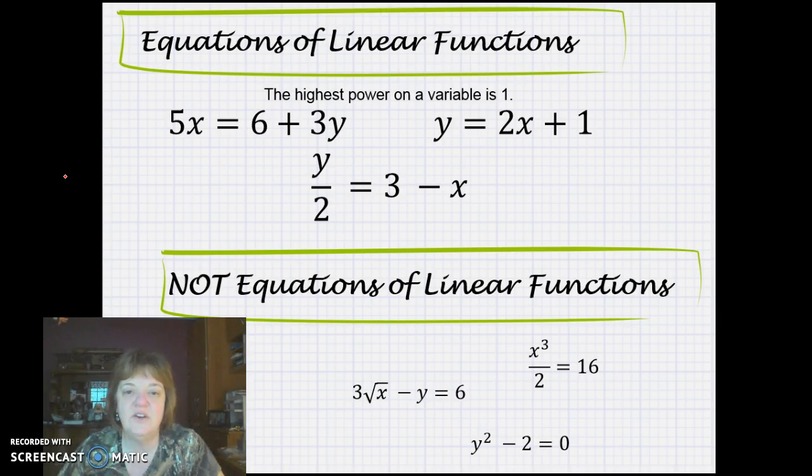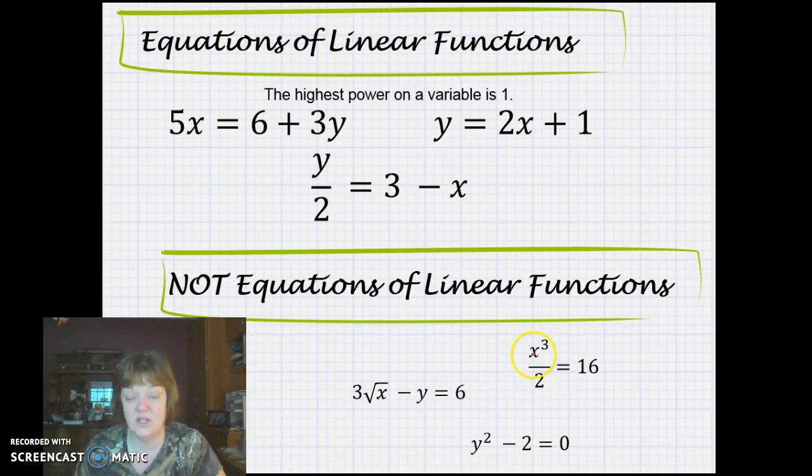Okay, equations of linear graphs or linear functions. Take a look at the top there. Those are all examples of linear functions. Notice that none of the variables have a power higher than 1. Okay? All of them have a power of 1. That is highly important, because if you look down here, you're going to see these are not linear functions.